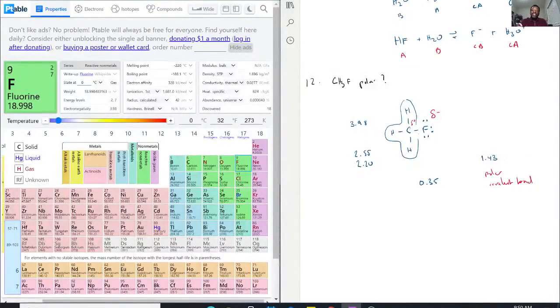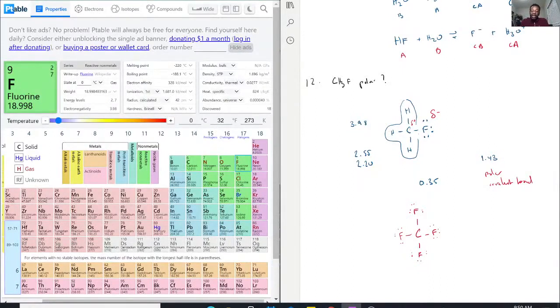Even though, as I said, typically tetrahedral molecules are nonpolar. In fact, if I did CF on each one, this right here is also a nonpolar molecule, even though it has polar bonds.